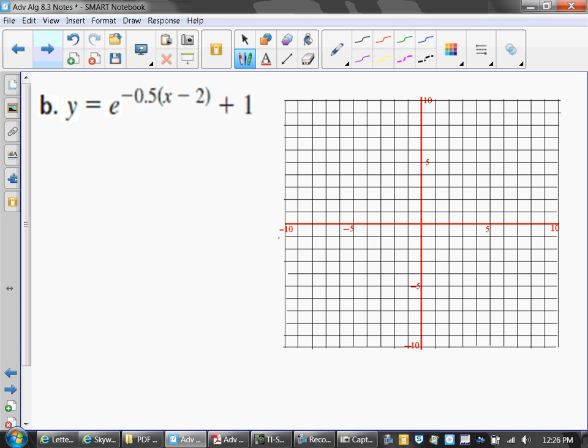So when you have something like this again, your a value is the number in front of e. What's your a value here? 1. Your h and your k's, well, what's your value of h? Yeah. Your h is what? 2, and your k was 1. All right? So that means once you, what do you think your parent function is going to be when you plot it?